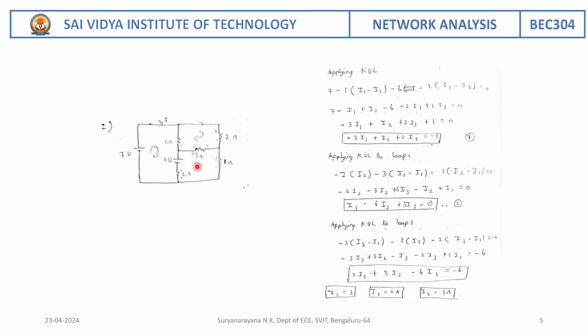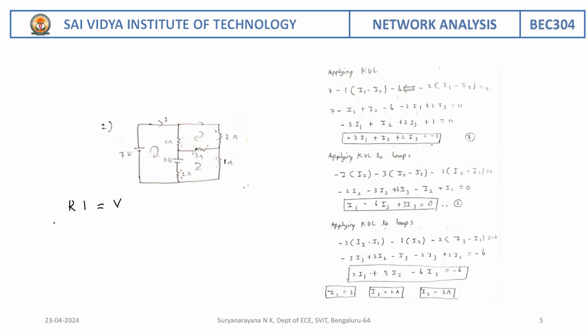Therefore, minus I3 minus I2, minus 1 into I3, minus 2 into I3, and I1 we have written, that is equal to here minus 6. So here after taking this 6 to right hand side, it becomes minus 6. Solve this equation, reduce this equation. So using Cramer's rule, one can find the solution for I1, I2, I3. That is nothing but R into I is equal to V.